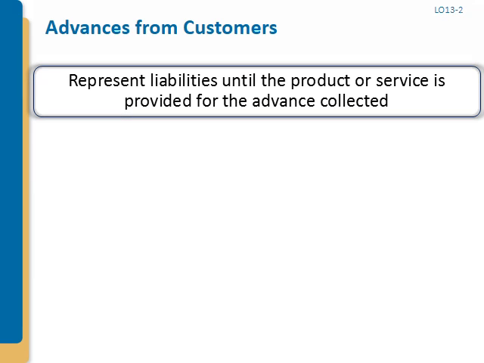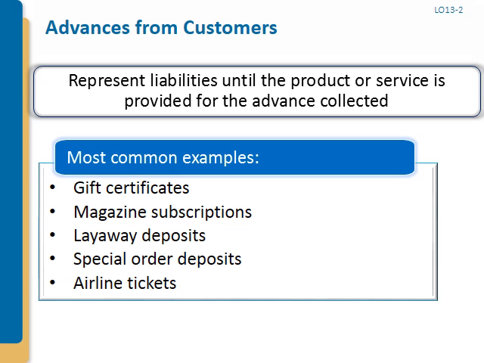At times, businesses require advance payments from customers that will be applied to the purchase price when the goods are delivered or services provided. Gift certificates, magazine subscriptions, layaway deposits, special order deposits, and airline tickets are all examples.